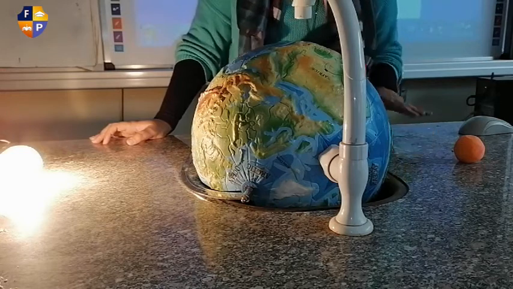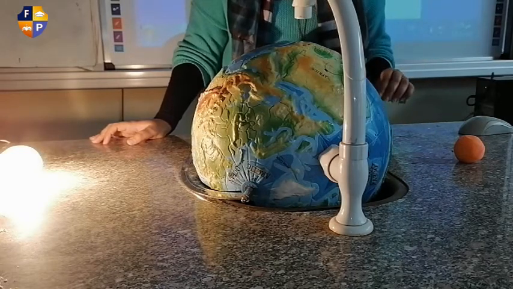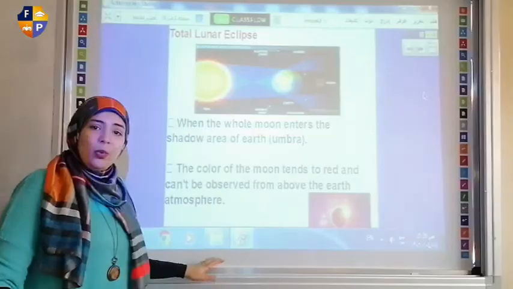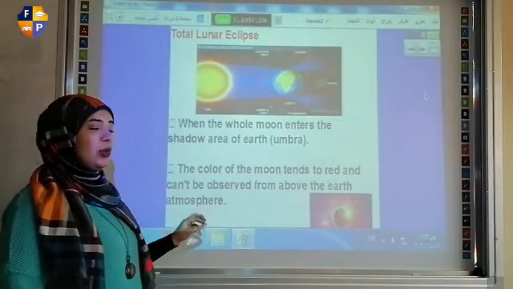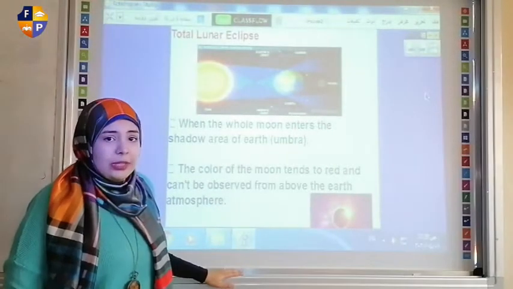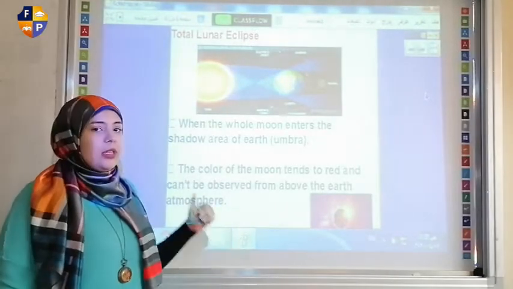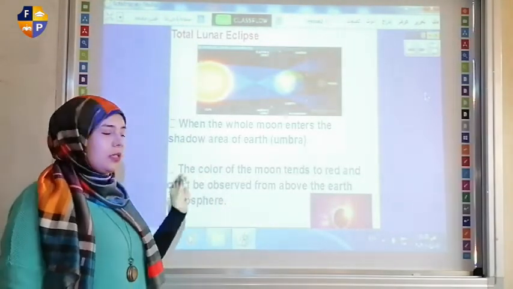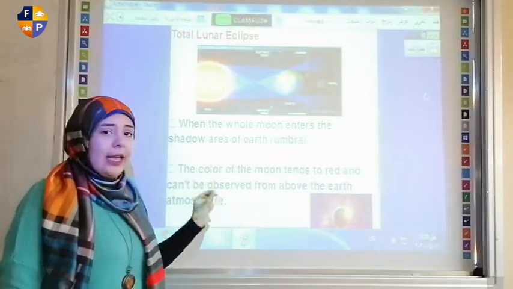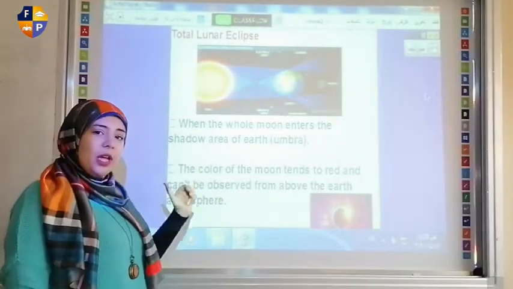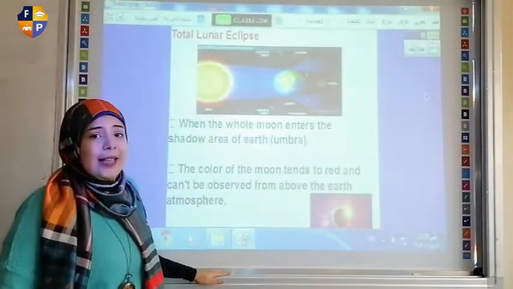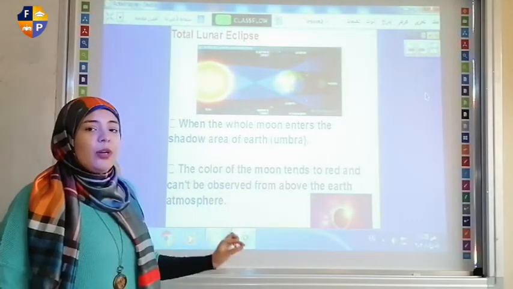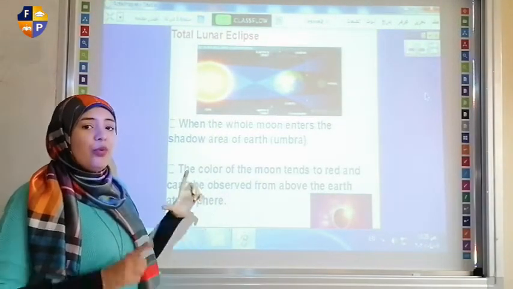And now let's talk about how many types of lunar eclipse. Again, what is lunar eclipse? It's a phenomenon that happens when sun, earth, moon are on one straight line and the earth between sun and moon, at the middle of lunar months when the moon becomes full moon.